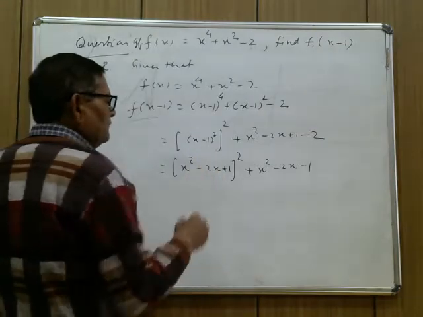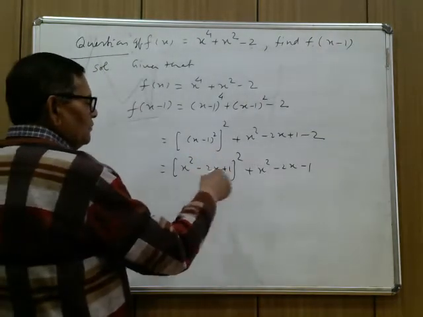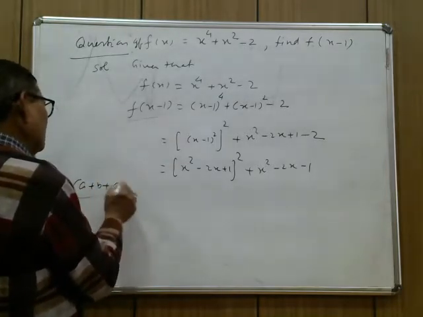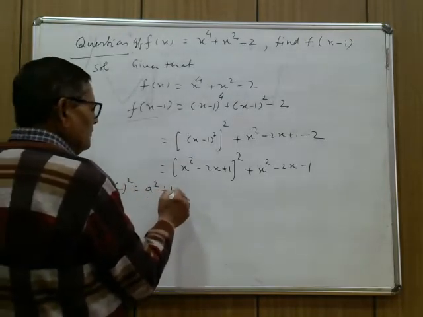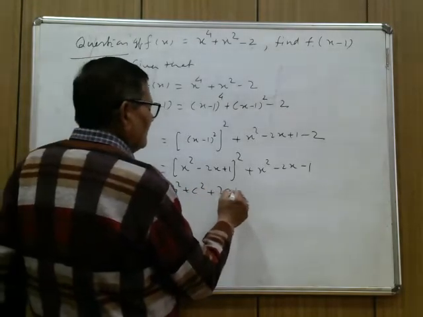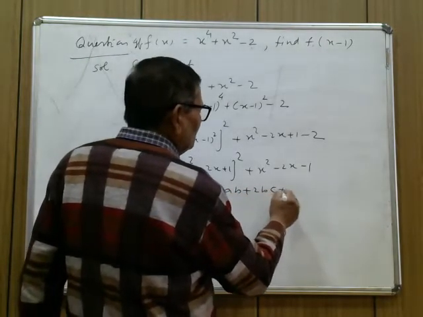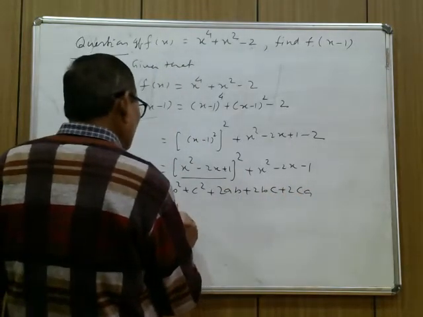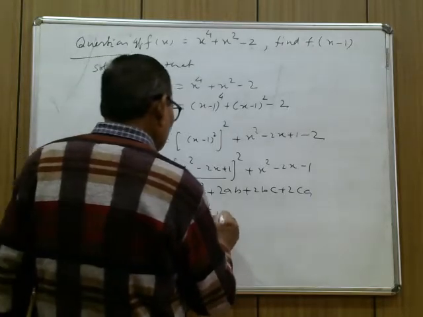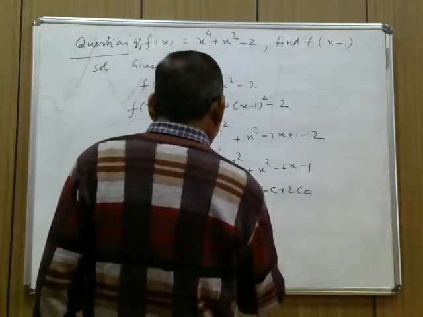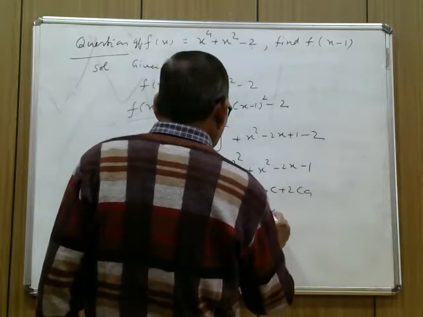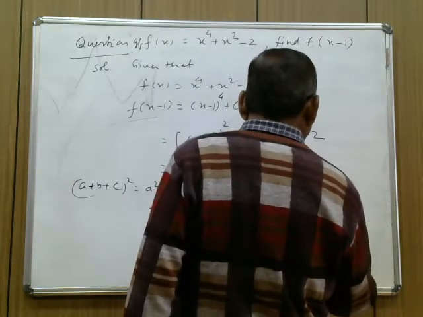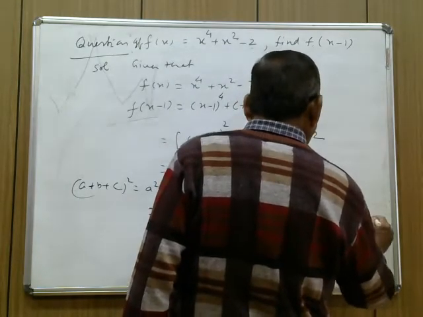So by using the formula, you know that a plus b plus c whole square is equal to a square plus b square plus c square plus 2ab plus 2bc plus 2ca. Using this, at this step you can write x to the power 4 plus 4x square plus 1 minus 4x cube minus 4x plus 2x square plus x square minus 2x minus 1.